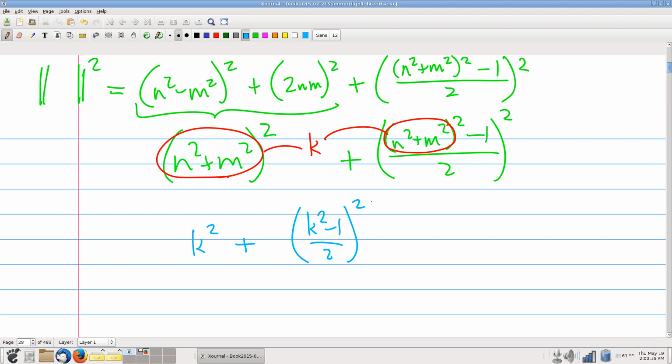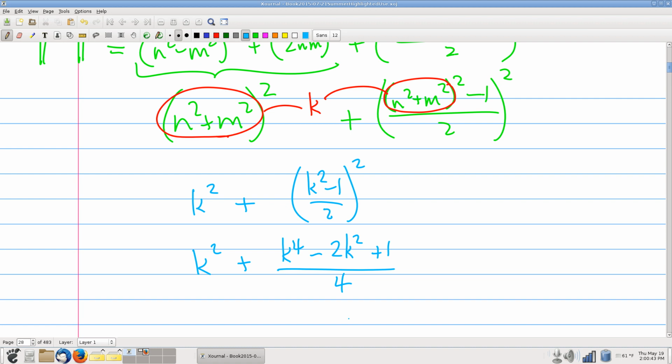Is that cool? Okay. Right, so let's multiply this out. So K squared plus, well, I'm going to have K to the 4th minus, so I'm squaring here, minus 2K squared plus 1 all over 4.